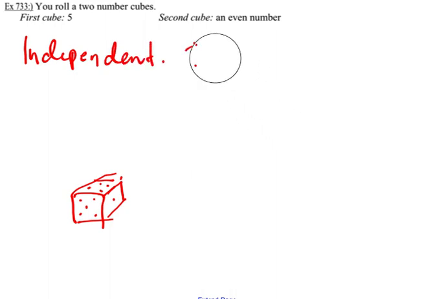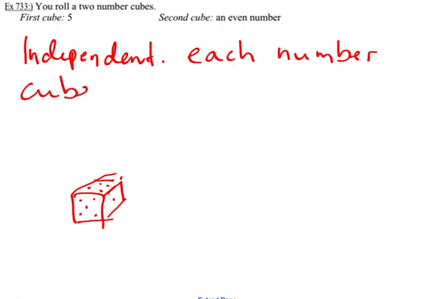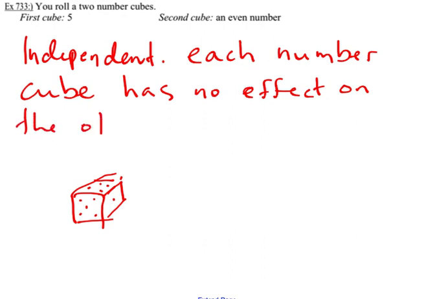Rather than saying that, let's say each number cube has no effect on the other. Doesn't matter what you get on one, the other one's still going to have the same probabilities.